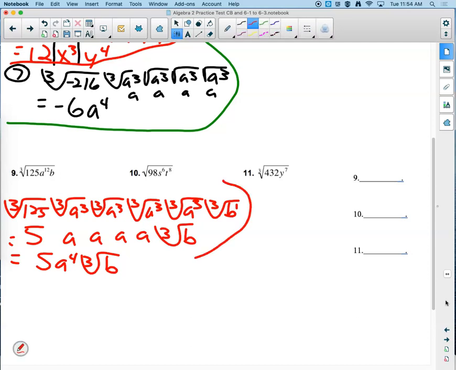All right, let me write number 10 down here so I have some space.